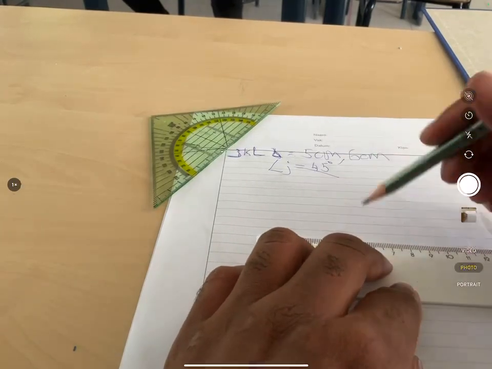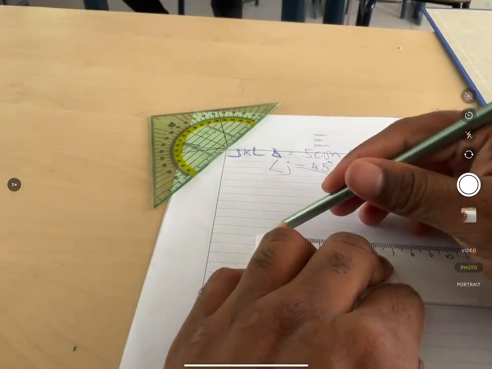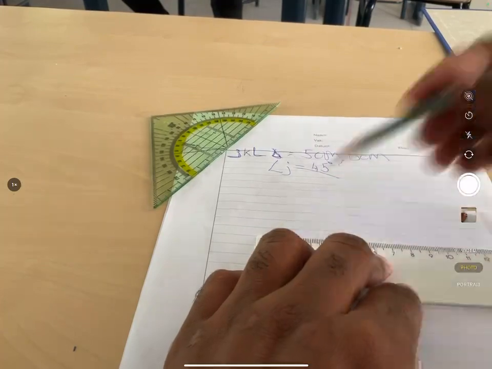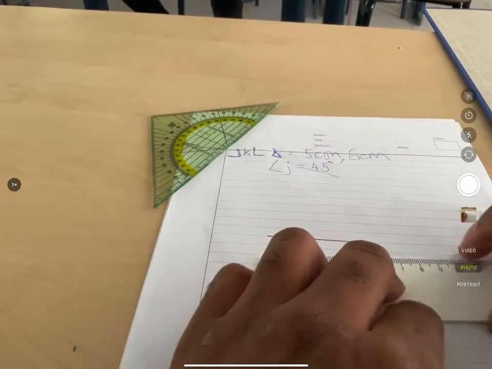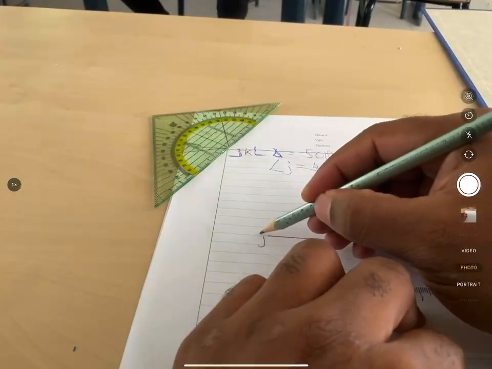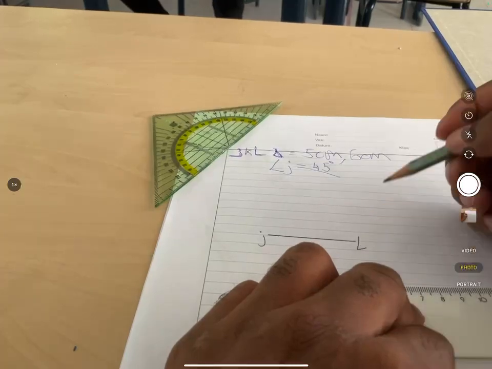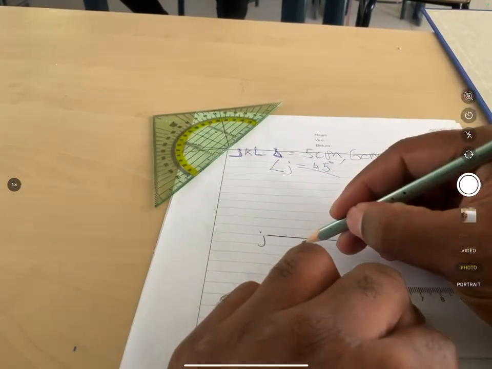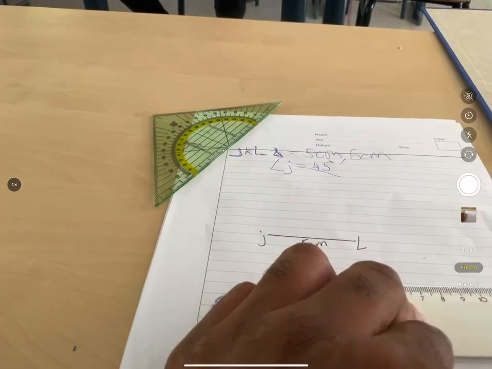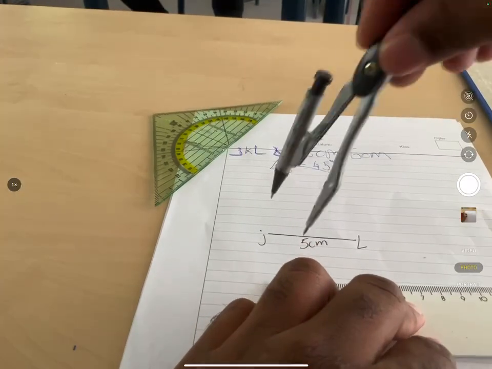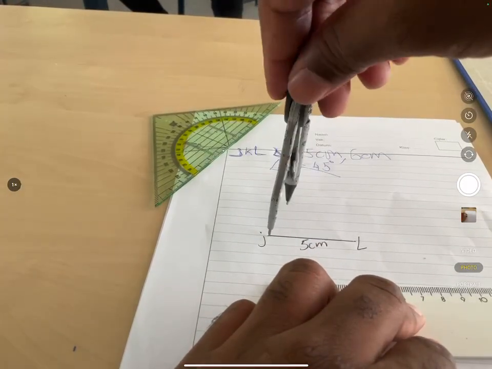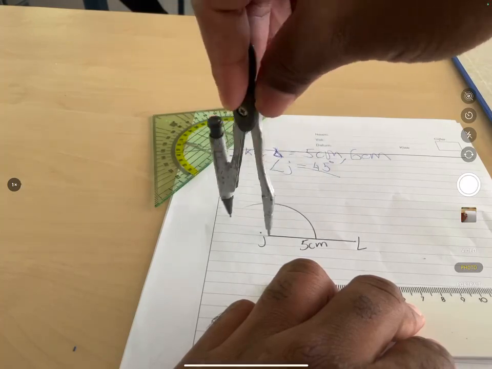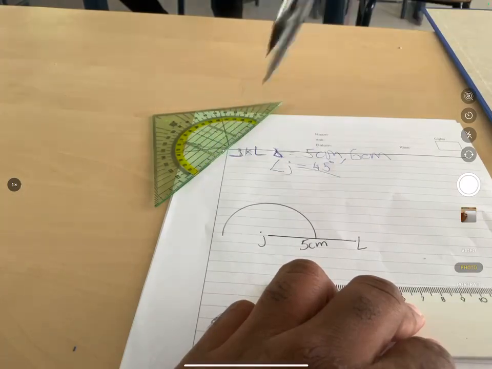Horizontal line, 5 centimeters. JL. Semicircle. That is correct.